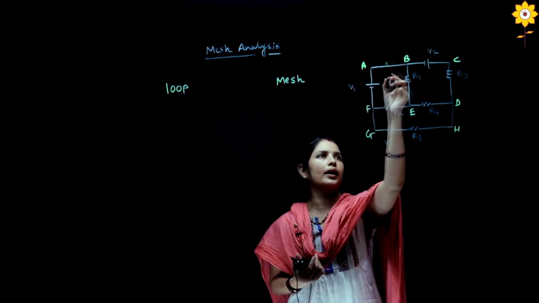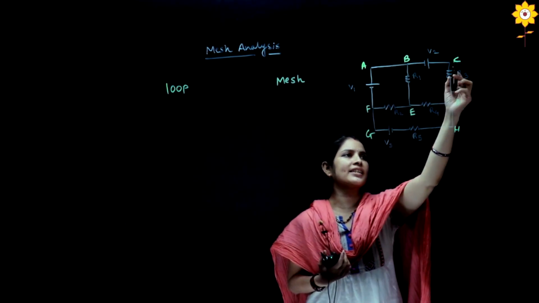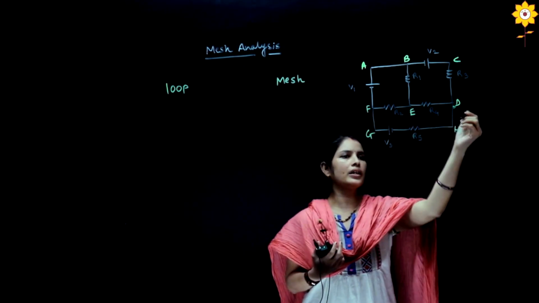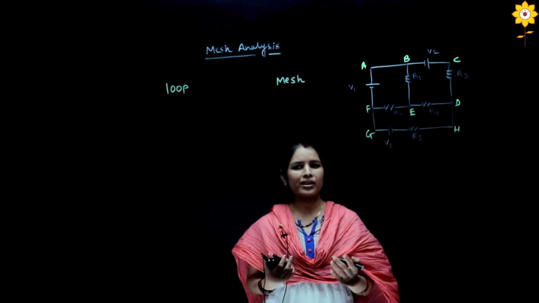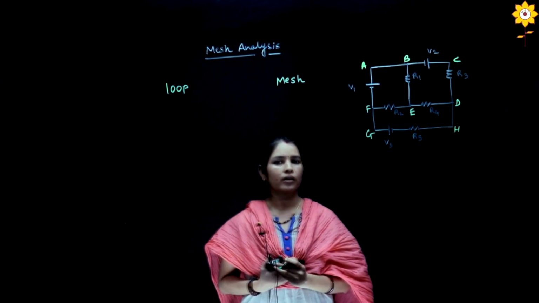Loop 1 may be A, B, E, F. Loop 2 may be A, B, C, D, E, F. Next may be F, E, D, H, G. In this way, in the given network n number of loops can be calculated.